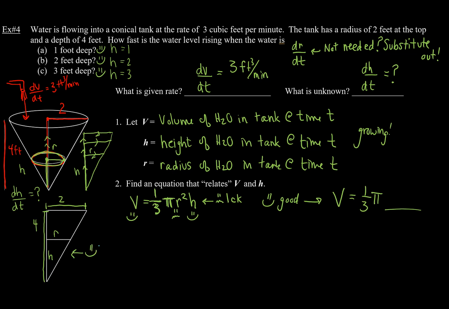If I use the nested triangles, I have 2/4 equals r over h. Which means if I solve this for r, multiply both sides by h, reduce it, r is always half of h. Well, that's doable.